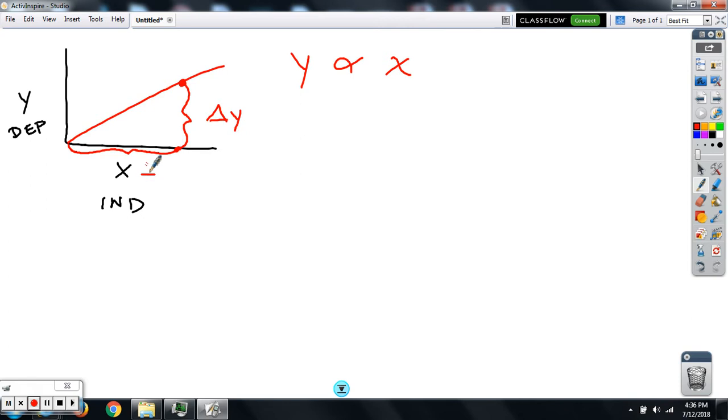This is your delta x. And in a proportional relationship, delta y over delta x is a constant. And that's what we call the constant of proportionality.